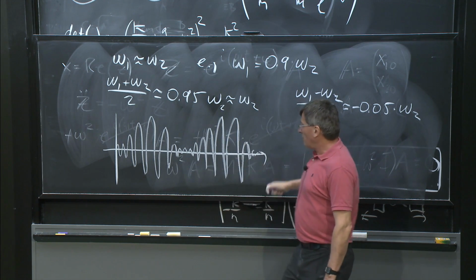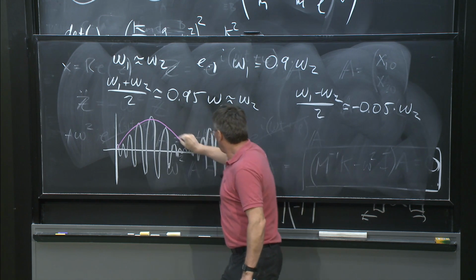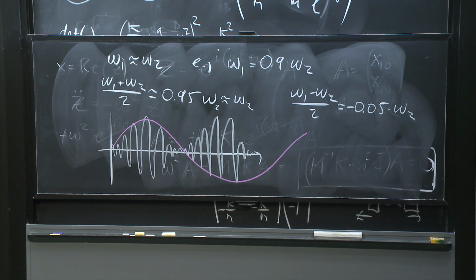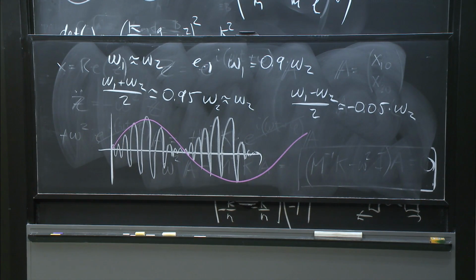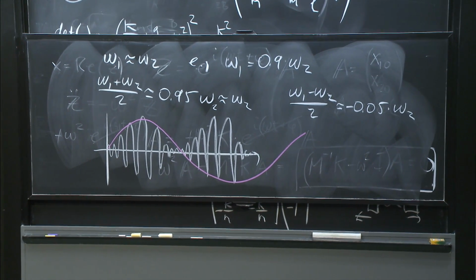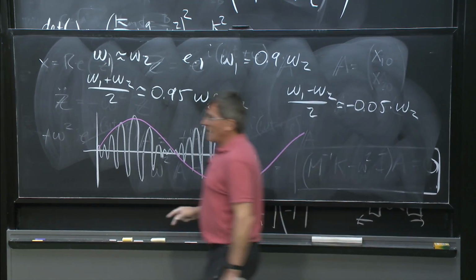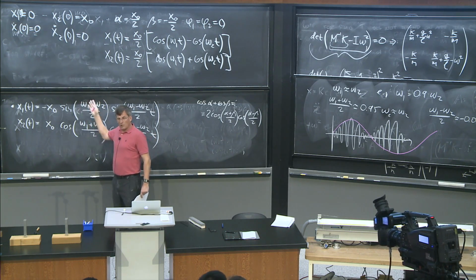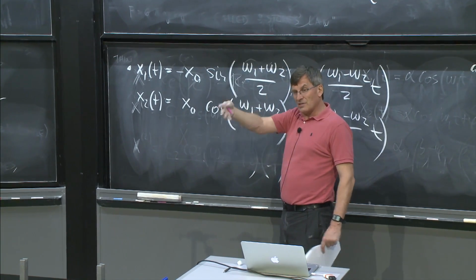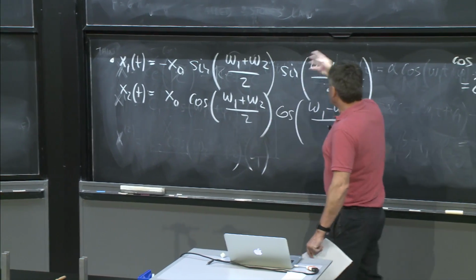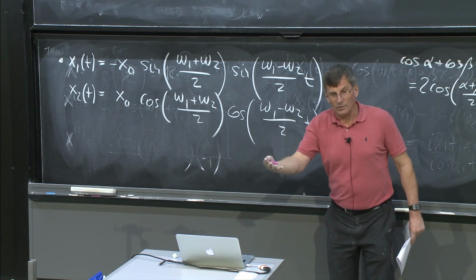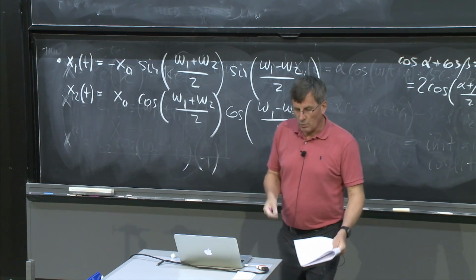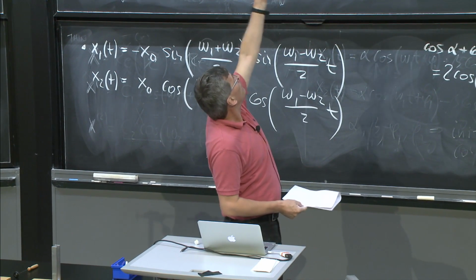But there's also this kind of overarching oscillation of much smaller frequency, and this corresponds to the difference of the two. So if you look at this formula, you have an oscillation which is happening very quickly, with the typical oscillation of the system. But this is like a modulation of the amplitude. So the amplitude of the signal is changing. And this is exactly the picture out there.